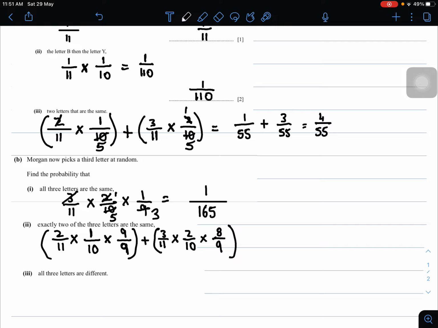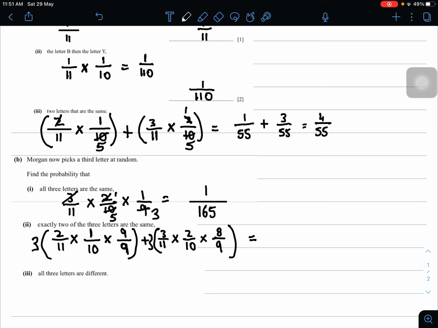Therefore, you multiply each scenario by 3, because there are 3 different ways that you can pick 2 letters in each scenario. So in scenario 1, either the first and the second, the first and the third, or the second and the third. And the same with the second scenario. Therefore you multiply both the scenarios by 3.